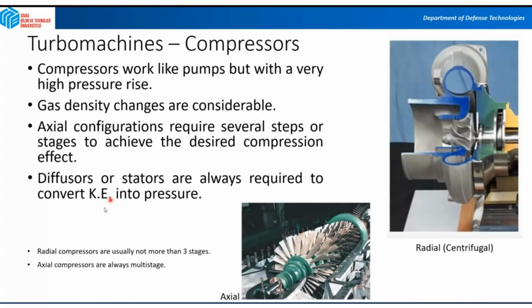So what does the rotor do? The rotor gets the gas and gives some kinetic energy to it, and then passes this gas to the set of stators or diffusers, and these are there to convert this kinetic energy to pressure.